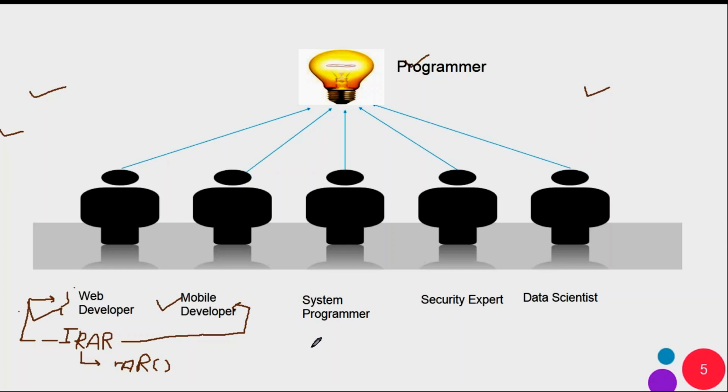So what's happening now, it would certainly resolve our problem, and it would not impact anything on the system programmer, security expert, and data scientist part of the code. But even if those new features were related to the programmer, we have created separate interfaces.